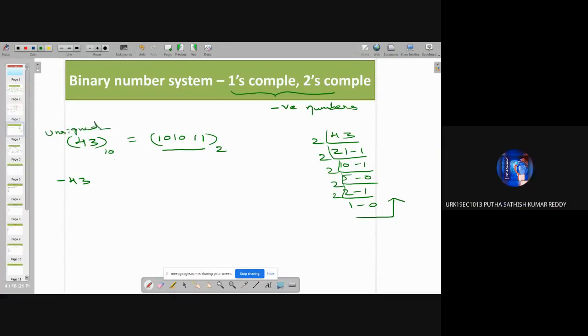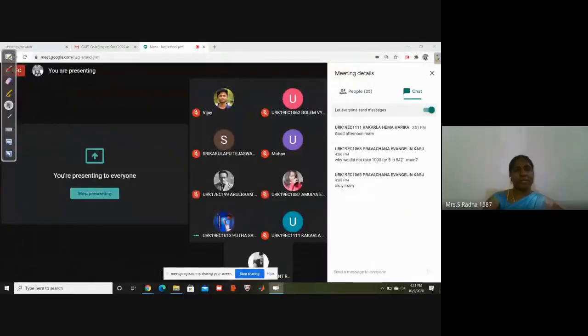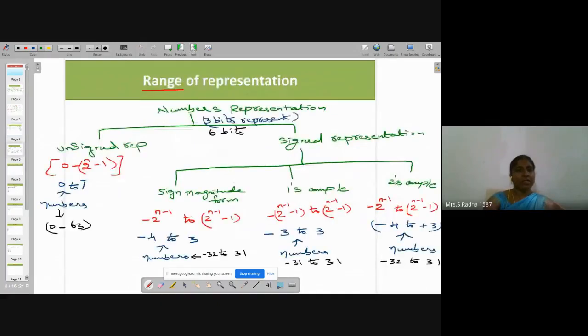Ma'am, why have we written the base 10 near 43? Base 10 means this is decimal. I have taken a decimal number and I am converting it to a binary number. In the next slide, these numbers 0 to 7 are decimal numbers that you can represent using 3 bits.